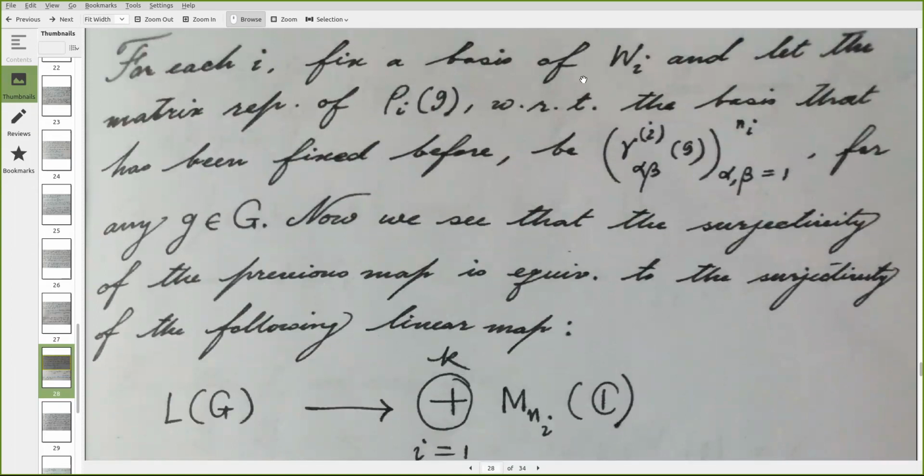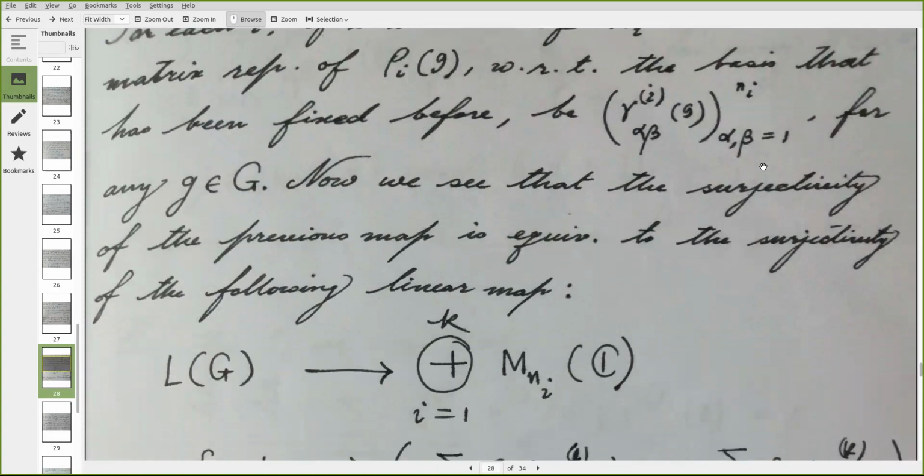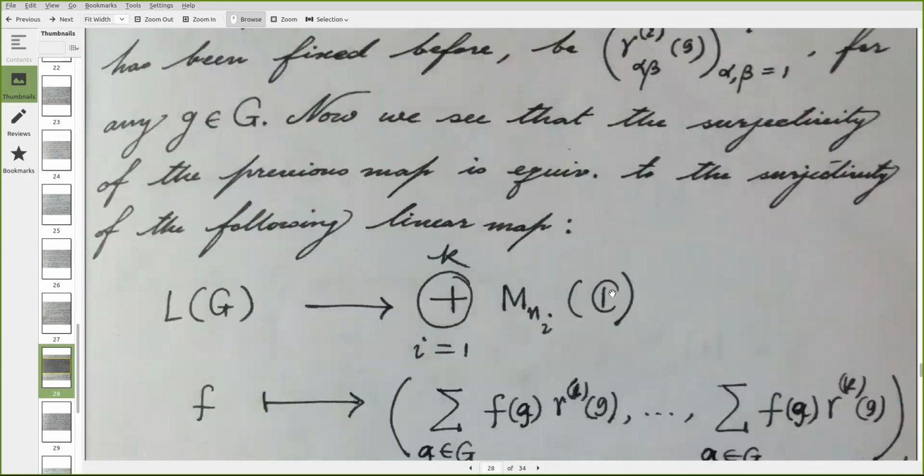A typical entry of the matrix will be rho_i(g)_{alpha beta}, where alpha and beta run from 1 up to n_i. Now we have a basis for each W_i, and whenever we have fixed a basis for each W_i, the algebra of endomorphisms becomes isomorphic to the corresponding matrix algebras.